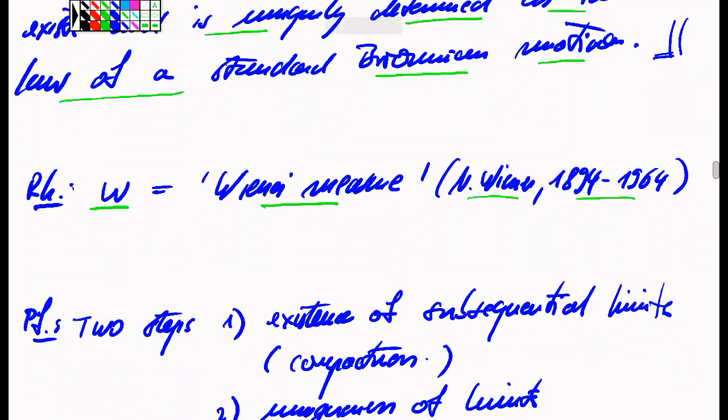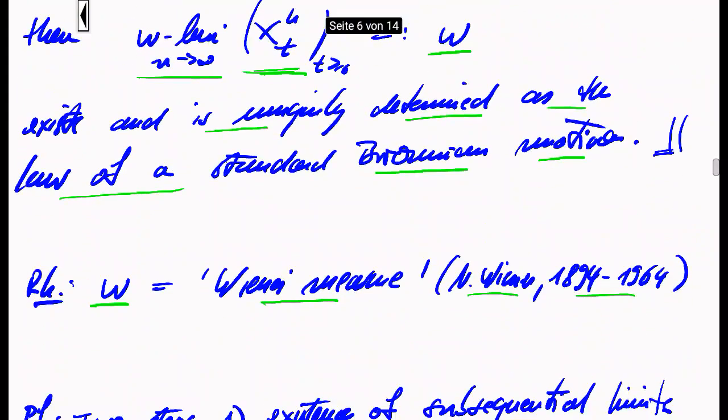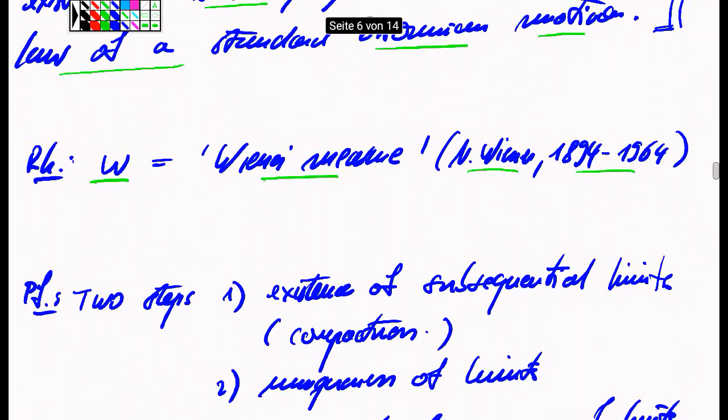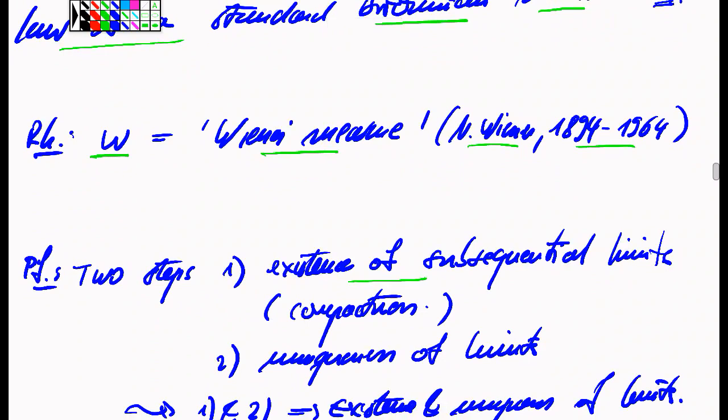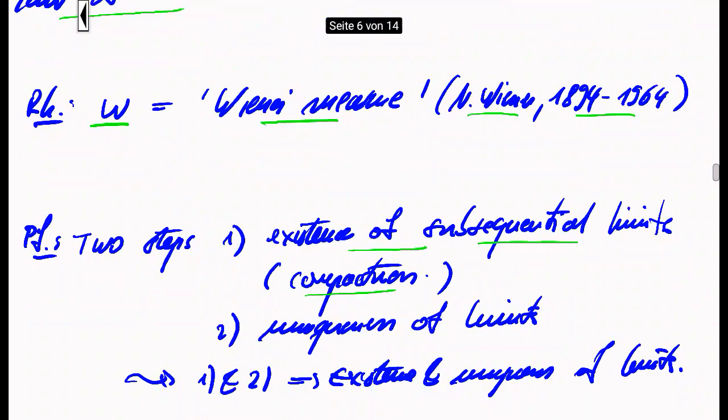Okay, the proof of this theorem, which is, as I said, the main theorem of today's lecture, goes in two steps. First, we show that this collection of random variables is compact, or is pre-compact in the sense of weak convergence. Namely, we say that this sequence of processes allows for subsequential limits. So it's pre-compact with respect to weak convergence.